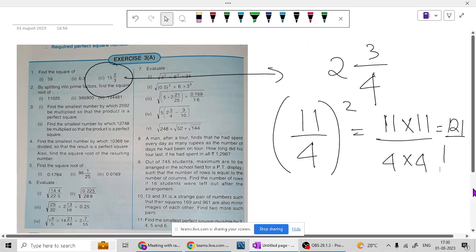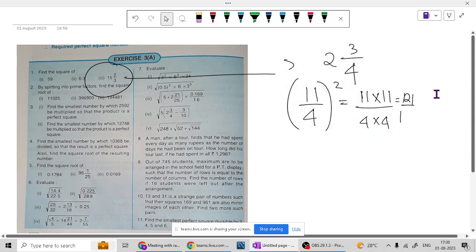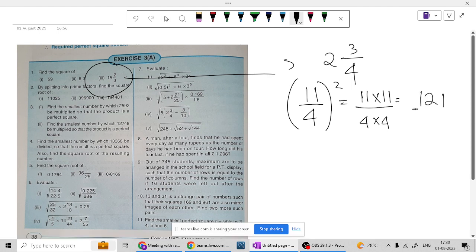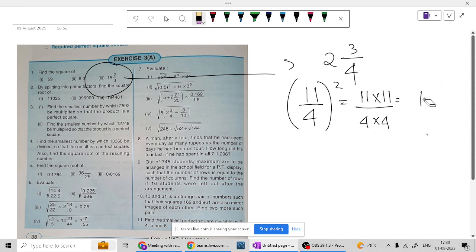So from all three types, I have given you one question each, right? 121 divided by 16. Should I convert this into a mixed fraction again? No, because the question itself is in mixed fraction, so you don't have to convert it. It is 121 by 16. That's the final answer.